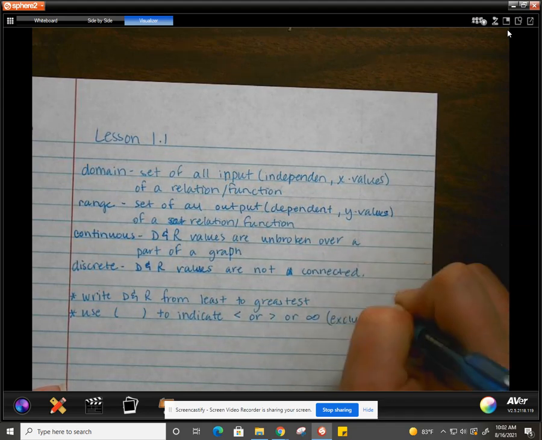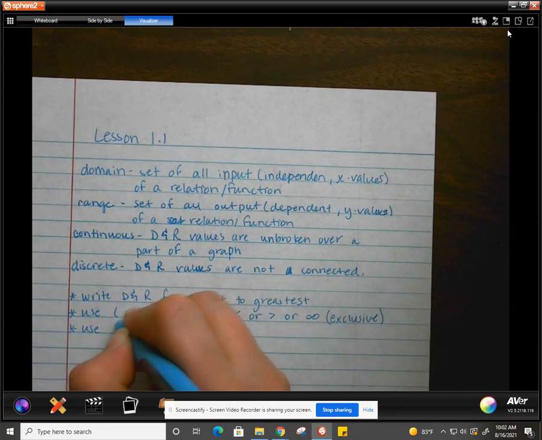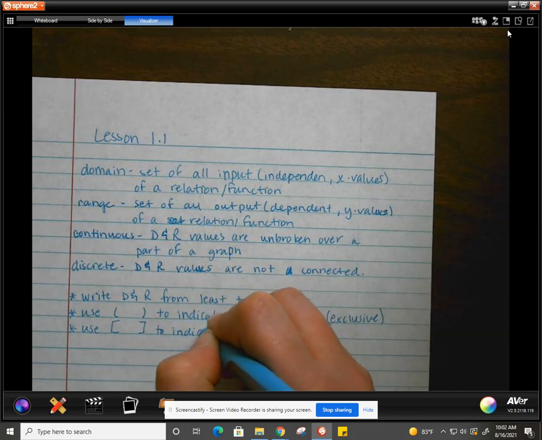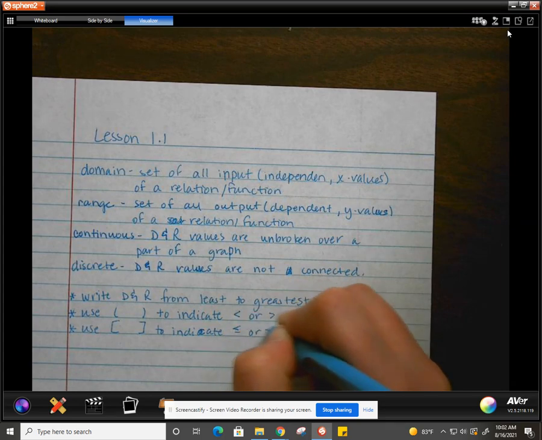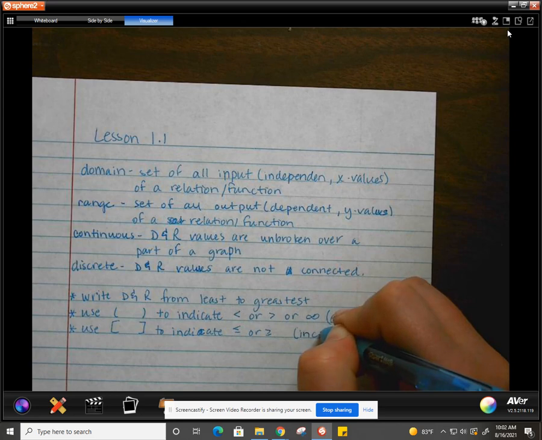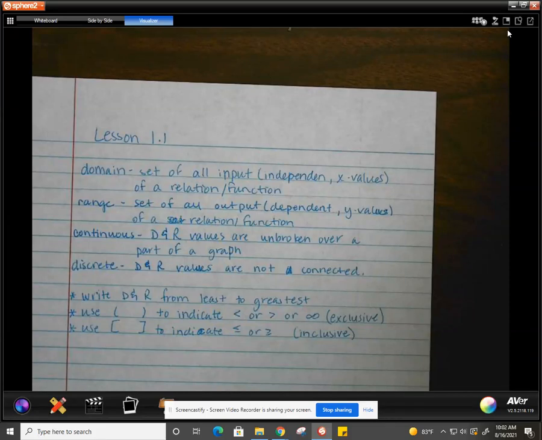It doesn't necessarily include it all. And then we use square brackets to indicate less than or equal to or greater than or equal to, because these are inclusive. Yes, inclusive. Because it does include those numbers.